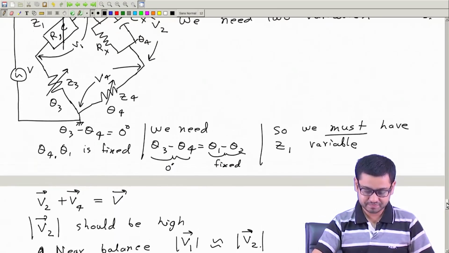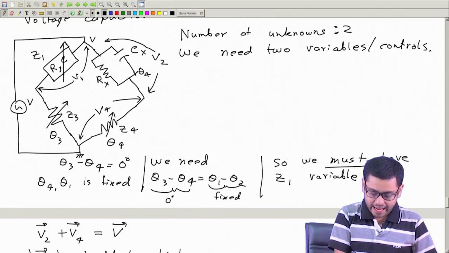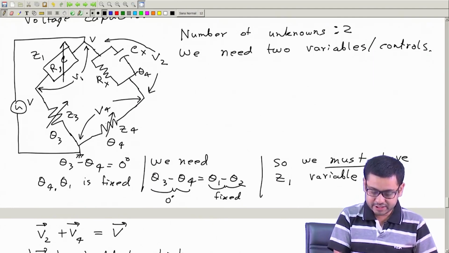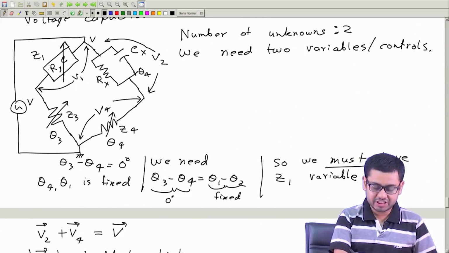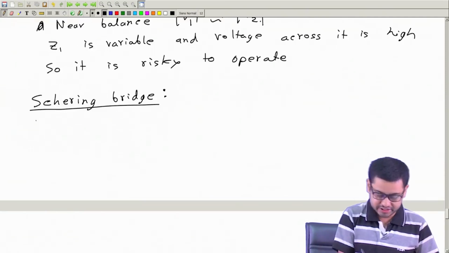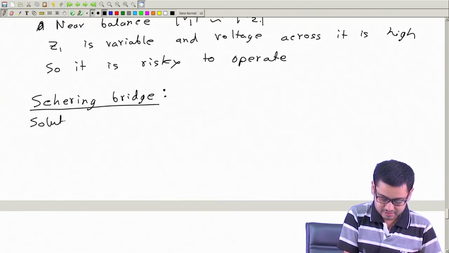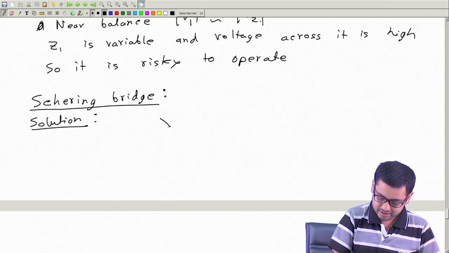The idea is, he said, I will adjust only these branches Z3 and Z4. So, I will have only these two branches variable and keep Z1 fixed. So, Schering's solution is this bridge.